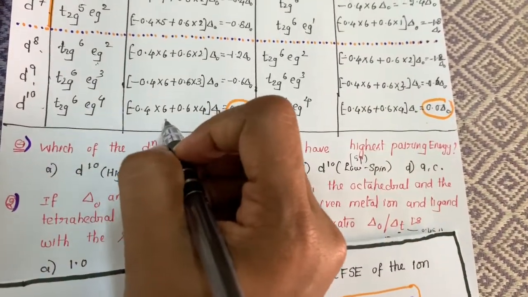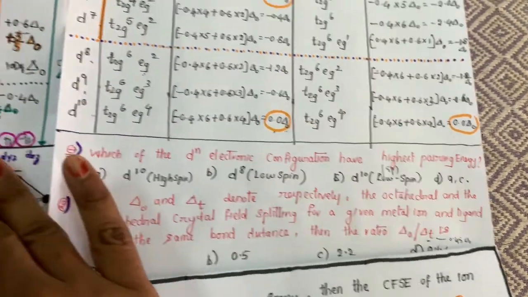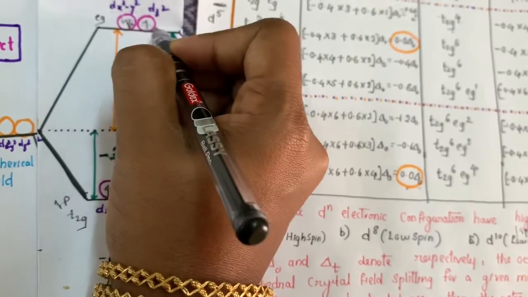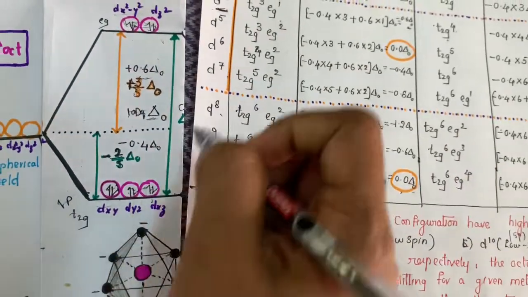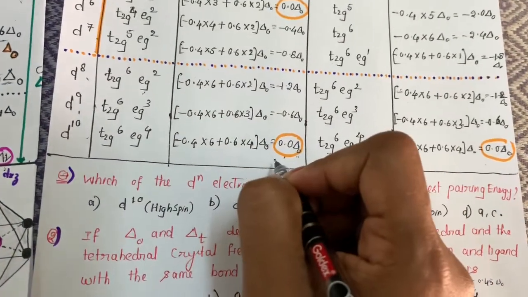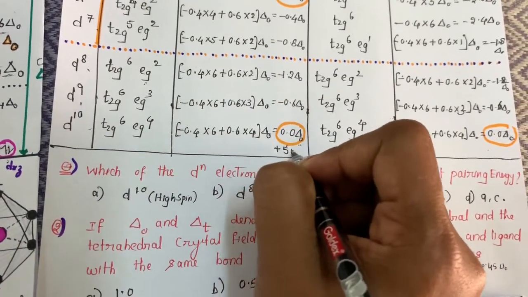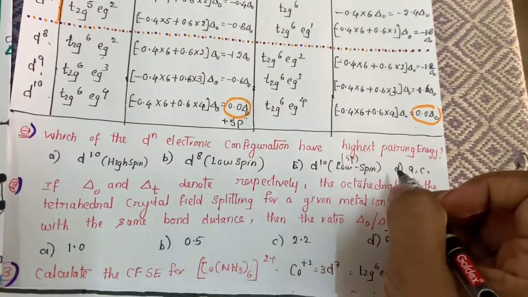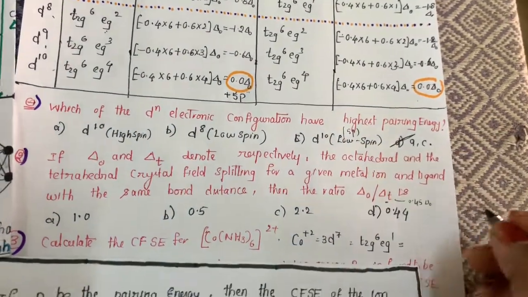And if you look at t2g6 and eg4, here 4 means in the eg level, 4 electrons are there. So all the electrons are paired. So that means how much pairing energy does it have in total? Plus 5P. So the highest pairing energy you will observe in the case of d10. So option D will be the right answer.